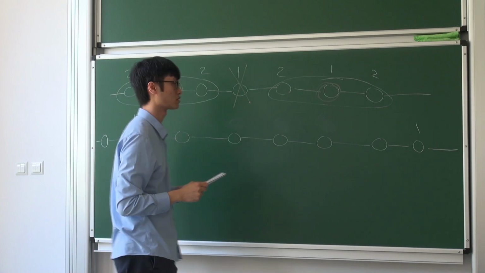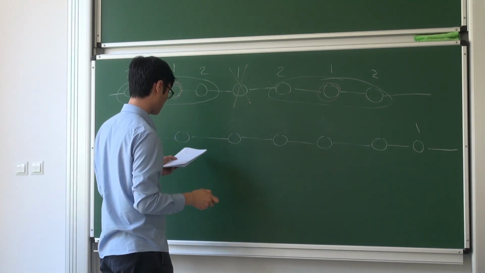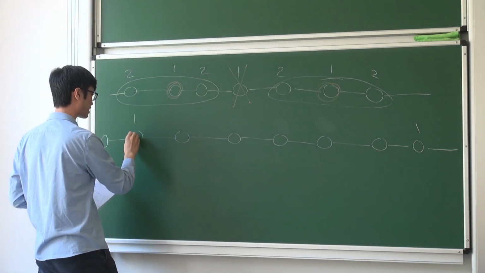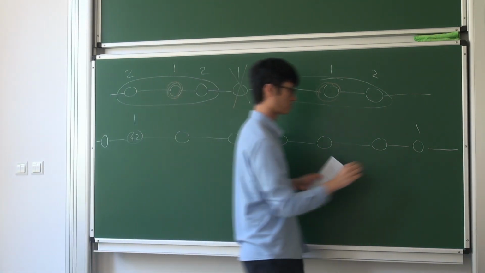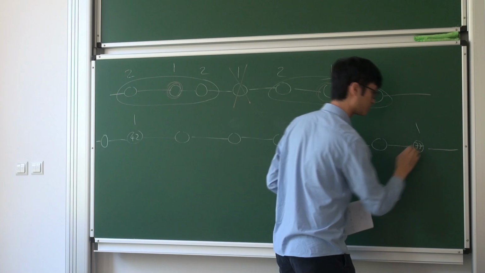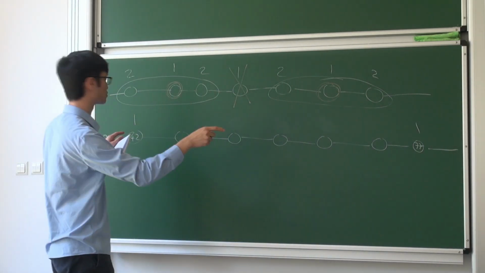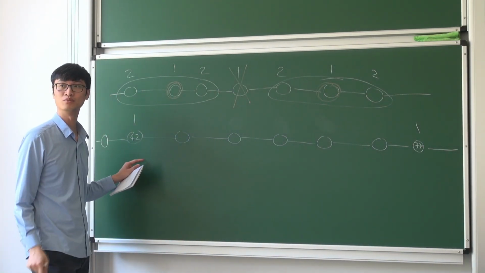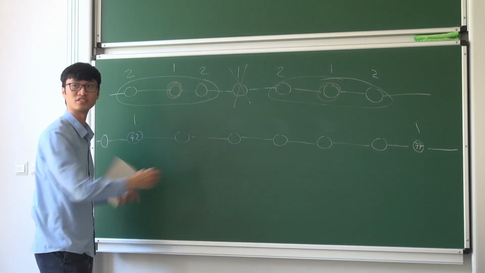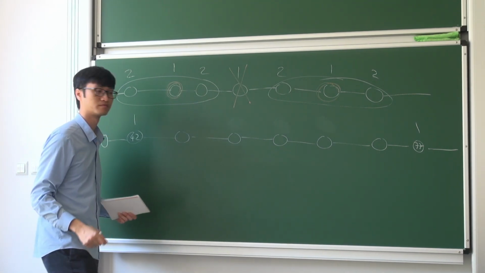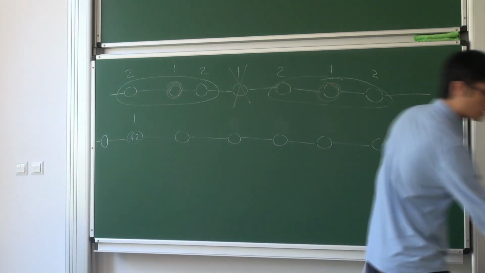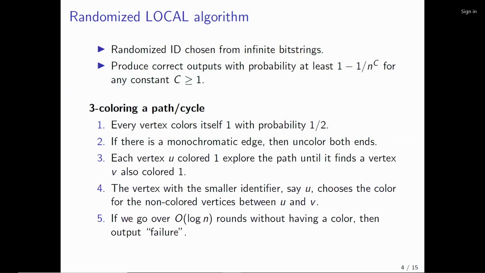Once I've done that, let's say that this one has ID 42, and this one has some ID like 77. Then I have to choose one of these two to take care of the coloring of this path. So let's say that I chose the smaller one.